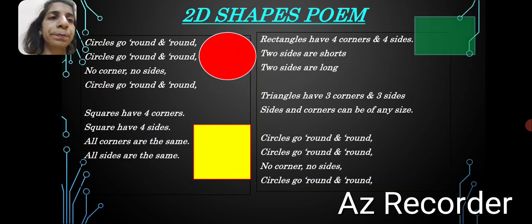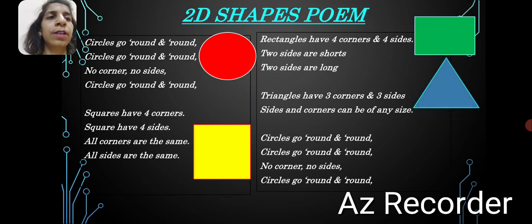Rectangles have four corners and four sides. Two sides are short, two sides are long. Triangles have three corners, triangles have three sides. Sides and corners can be of any size.